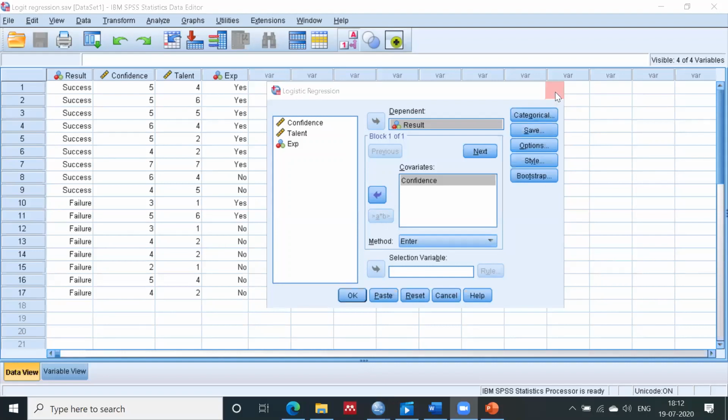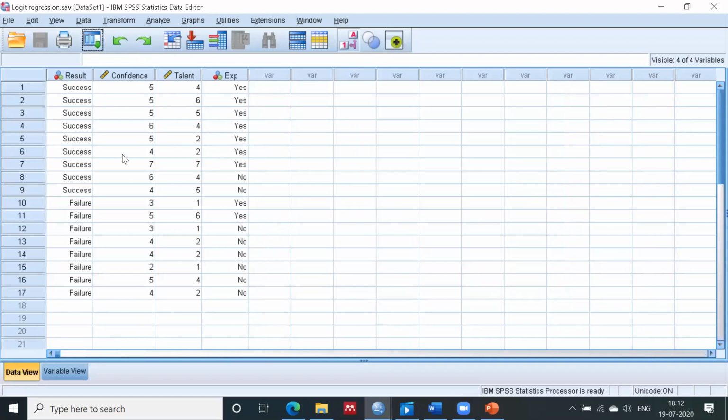Okay, so let me explain this thing also. In this column, confidence is in numeric values form, right? 5, 6, 7, 8, something like that. What exactly is the meaning? I have calculated the data from the respondents, and I measured the confidence on the basis of different parameters.